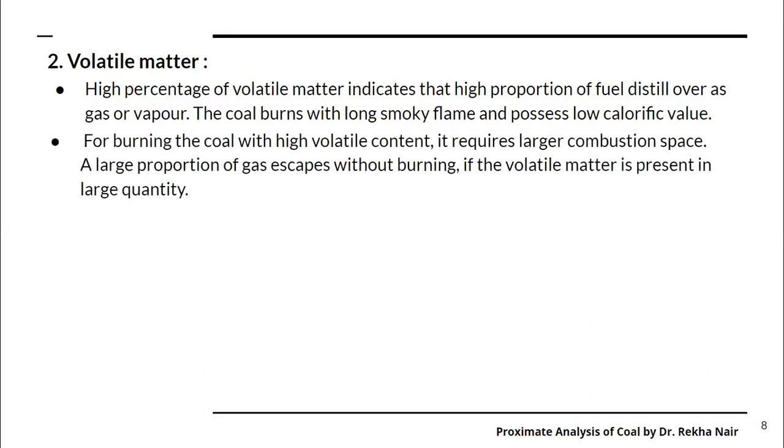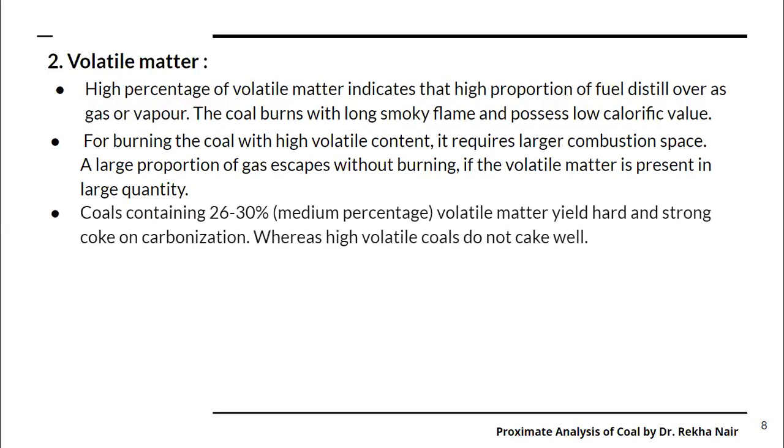For burning coal with high volatile content, it requires even larger combustion space. A larger proportion of gas will escape without burning. If the volatile matter is present in a larger quantity, it means a large amount of gas will escape without burning, so that is also not desirable.